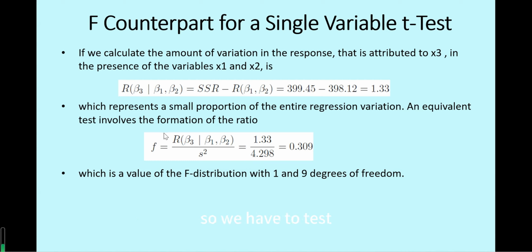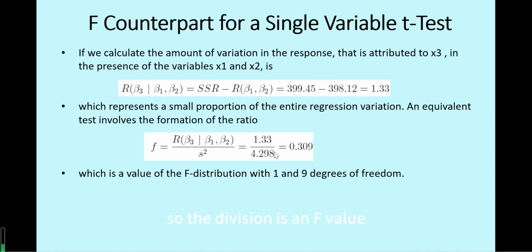So we have to test using ANOVA. ANOVA is an F-test, which is a division of two parts of variation. The first is the variation due to variable 3, which has only 1 degree of freedom, so we can omit the division by 1. And S square is the total error sum of squares, which is the SSE divided by its degrees of freedom.